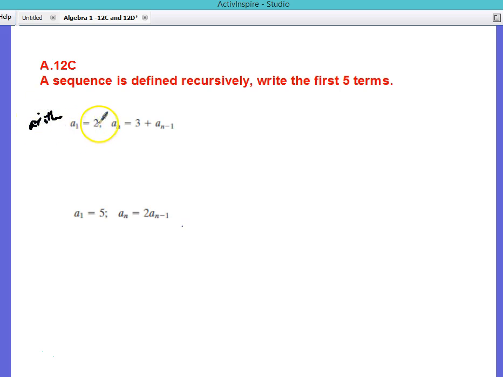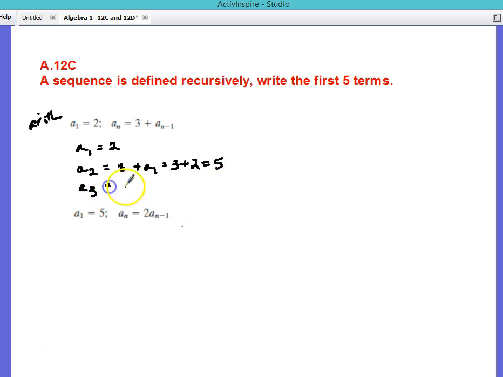So we start with our first term. It's already given: A sub 1 equals 2. A sub 2 is dependent on that last term, so A sub 1 plus 3 would be A sub 2. 3 plus A sub 1, so in this case this is 3 plus 2, which is 5.